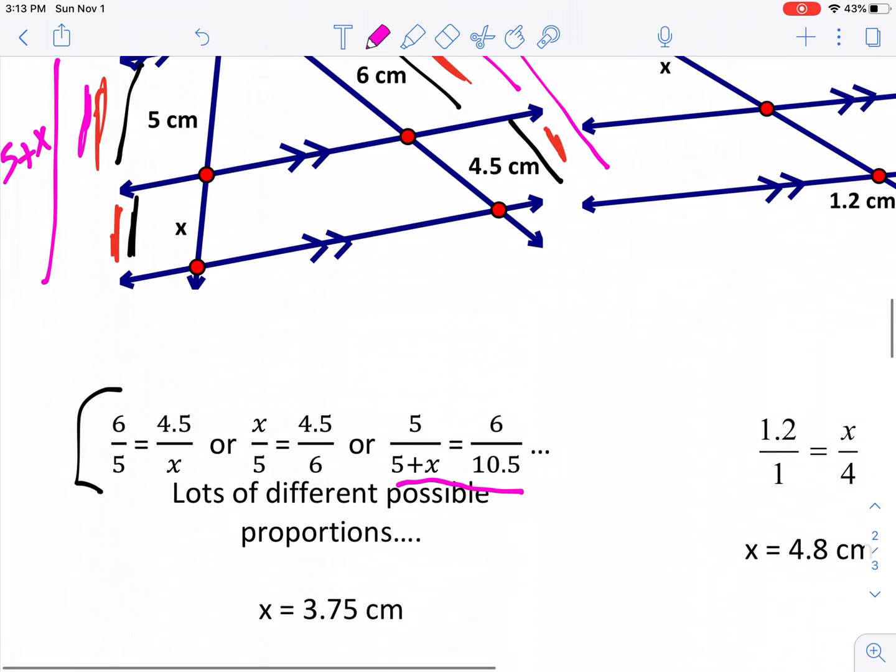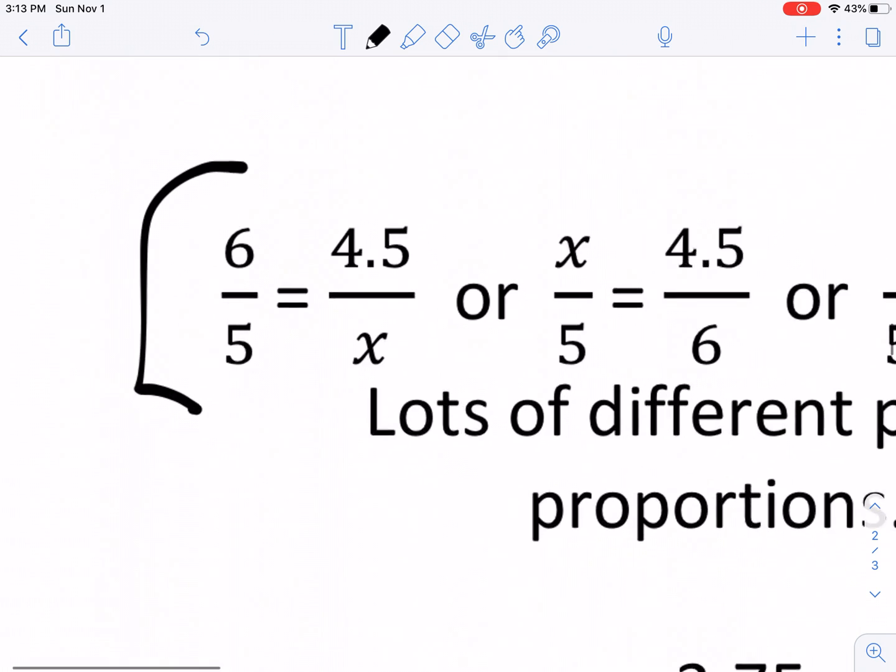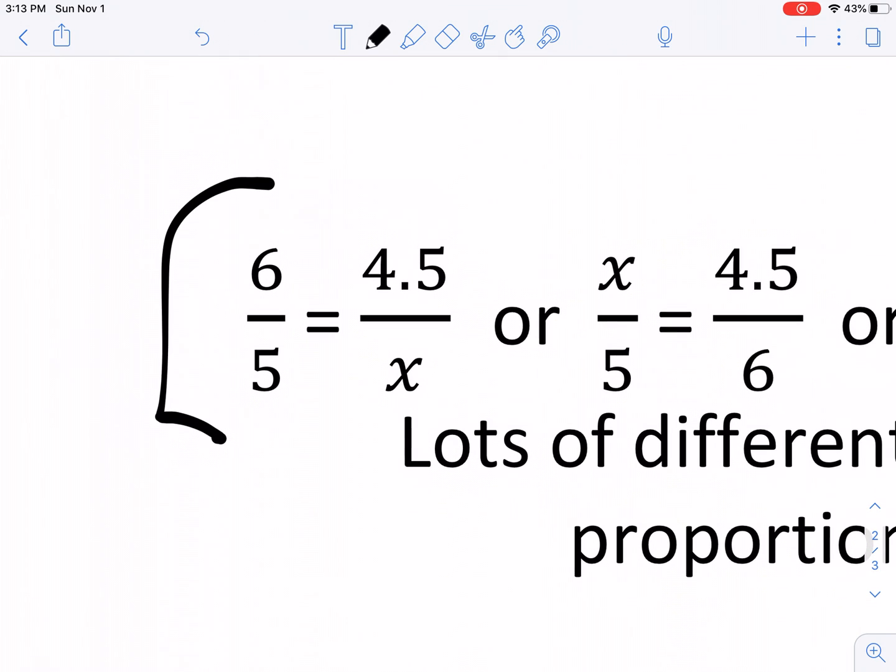But I'm going to focus on the first one, which said that 6 over 5 is the same thing as 4.5 over X. Those corresponding parts help us set up this proportion, which has equal ratios. So then we could use our cross multiplication. We'd have 6x is equal to 5 times 4.5, which comes out to be 22.5.